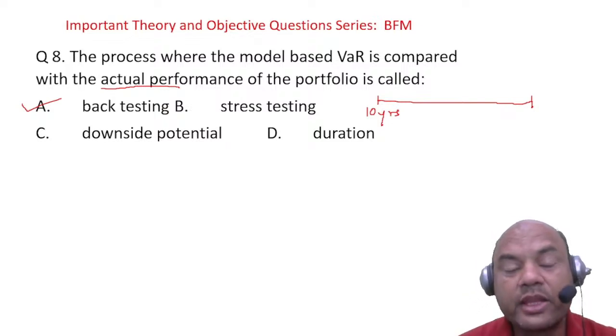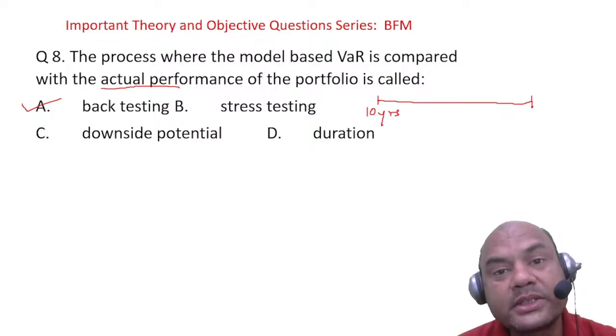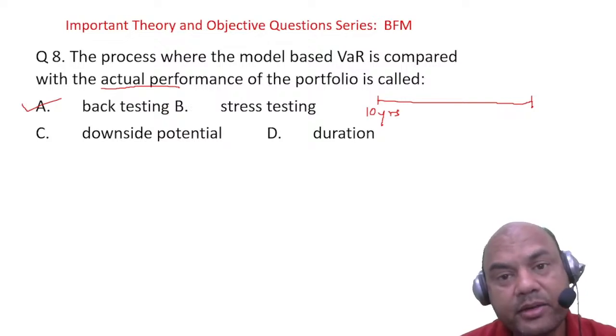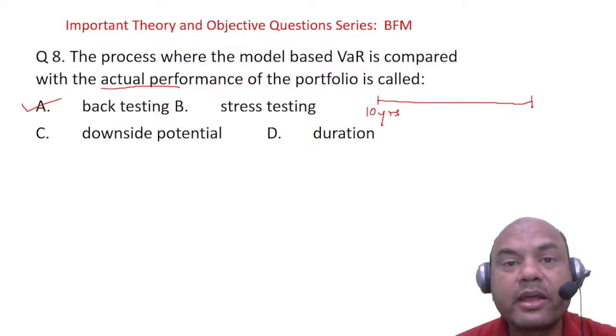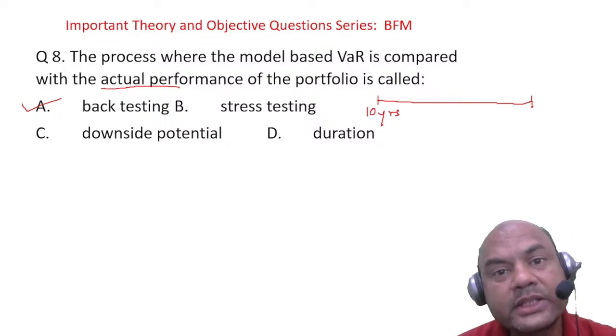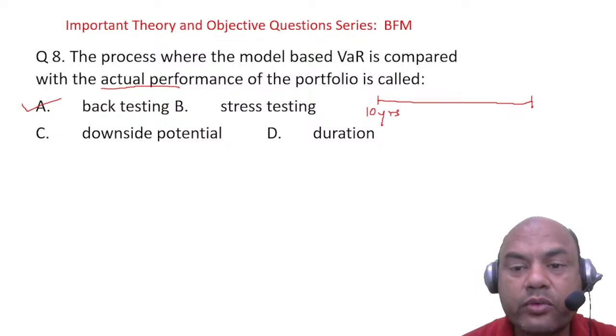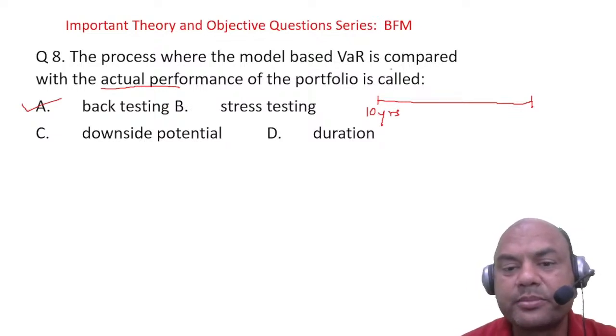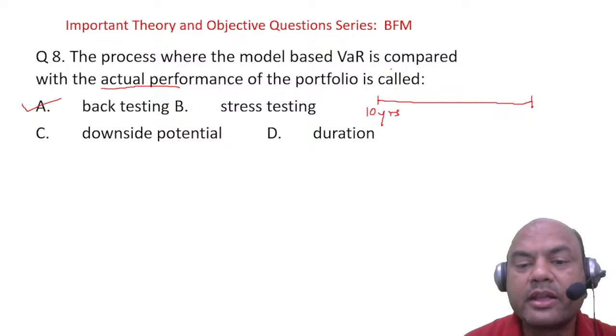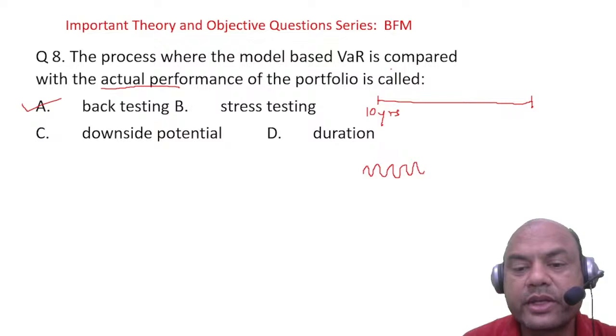Like COVID. COVID didn't happen in last 100 years, but then it happened. Suppose all the banks were comparing their portfolios for last 10 years before COVID. Last 10 years, the fluctuation in the markets was this way, somewhere like this.